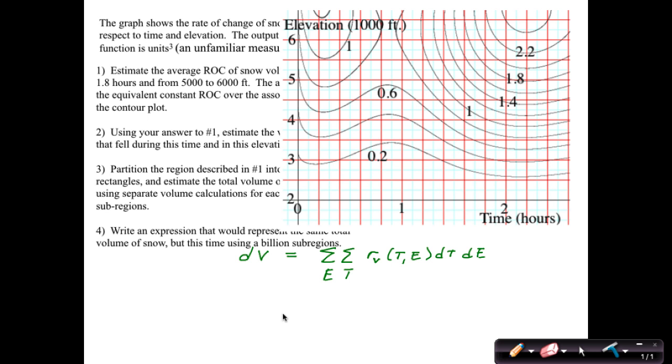He wants a double integral, right? So as things get really small, we know these sums of a gazillion parts become super small intervals.